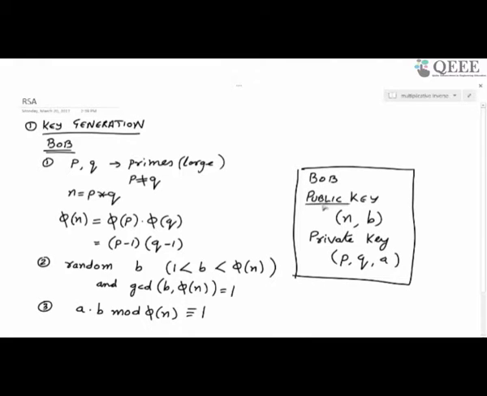He creates the public key and the private key. As I mentioned earlier, this private key is kept secret, that is, this tuple p, q and a is kept secret, while the public key comprising the number n and the choice b is made public. Okay, so this is the first step, which is the key generation part.